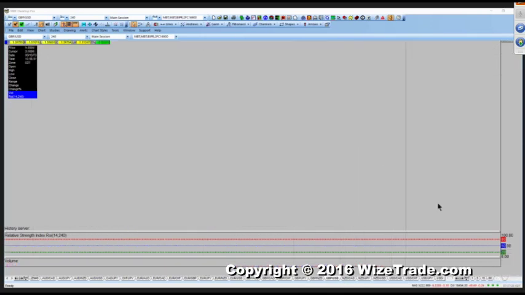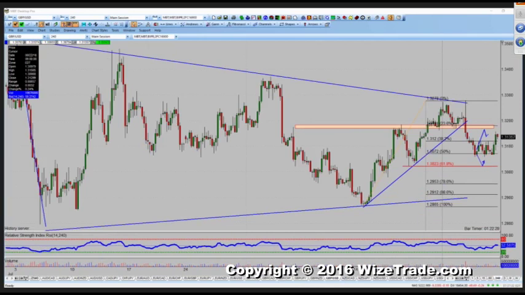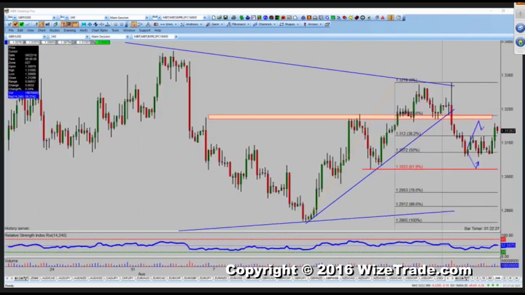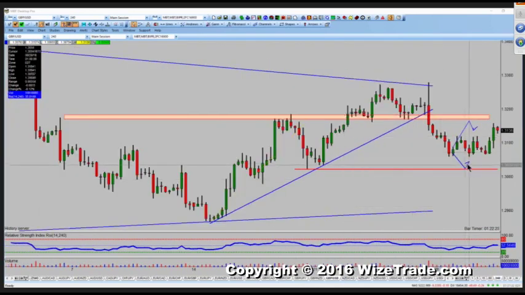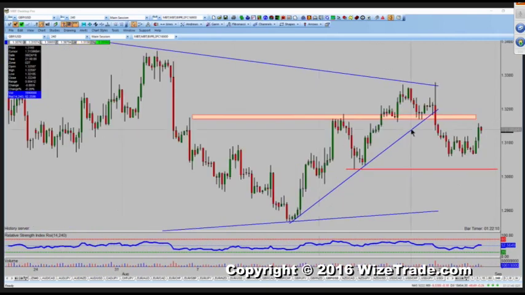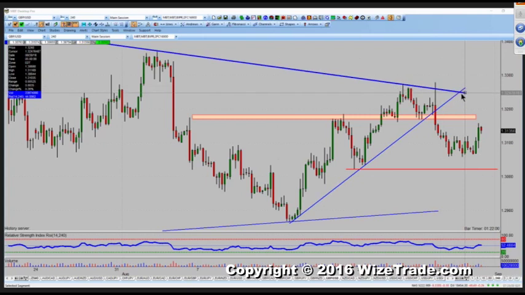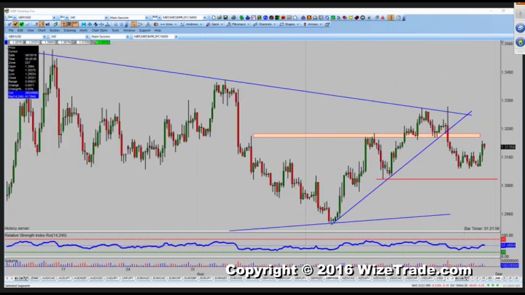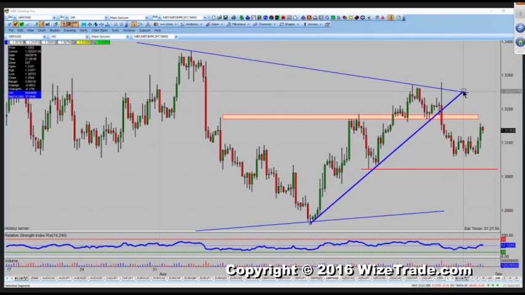So here's the cable. Again, I have to redraw everything, so let's delete that stuff and draw that fib again. Okay, so here's the cable, and we didn't quite make it down as far as I thought we were going to.